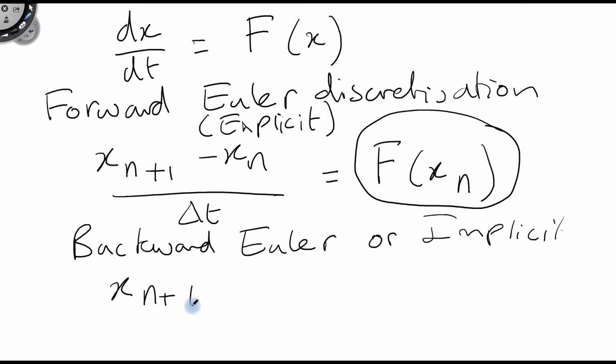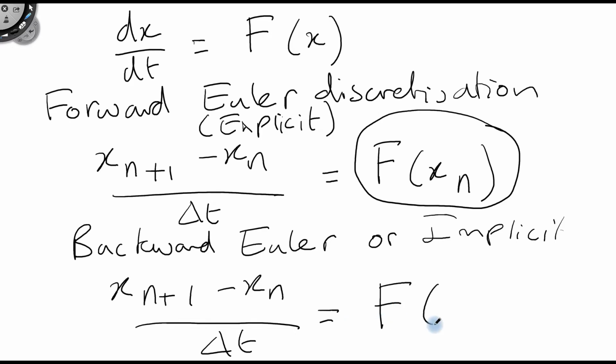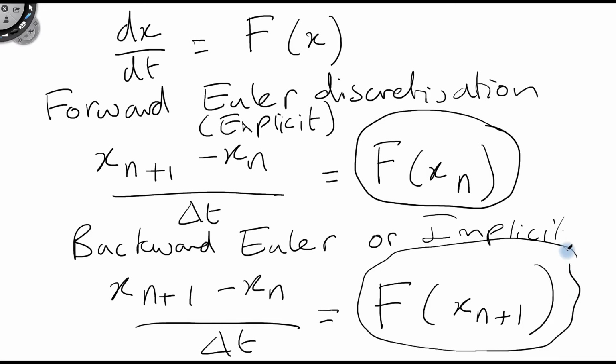So the big subtle change, which if you don't focus on it you'd miss, is that instead of having xn on the right hand side, we have xn+1. So that's a big change. And now it's harder, not in general, but it's harder to write an explicit expression for xn+1 in terms of previous steps.